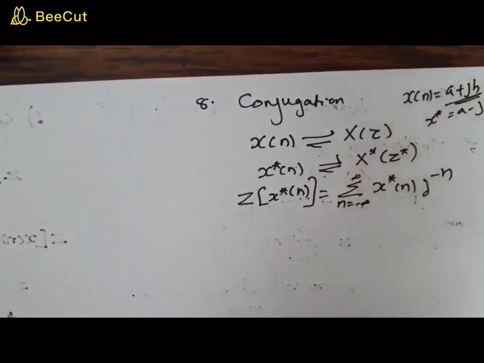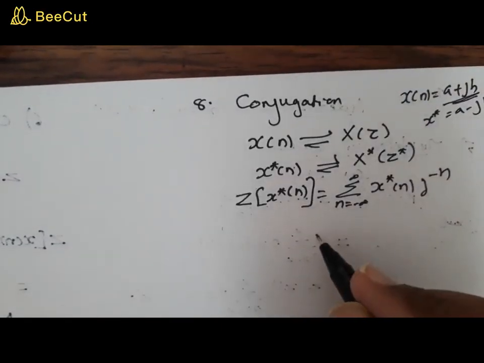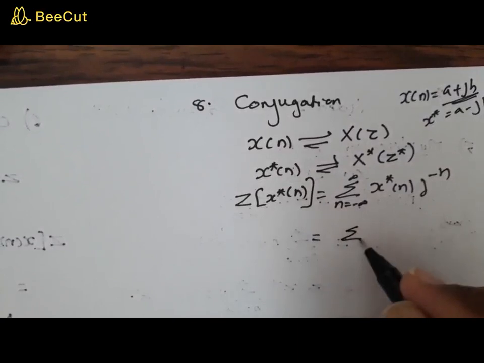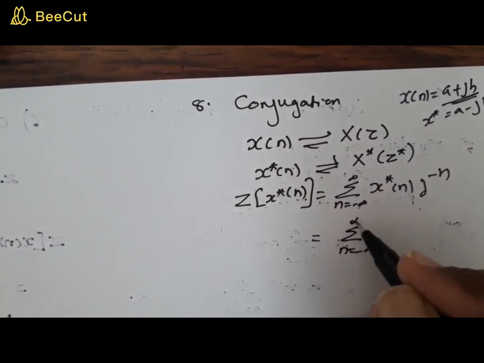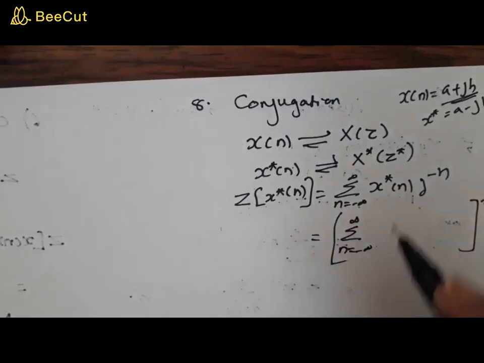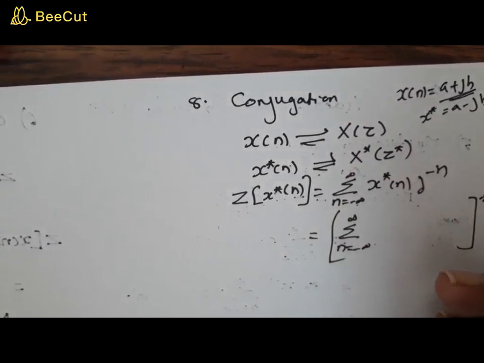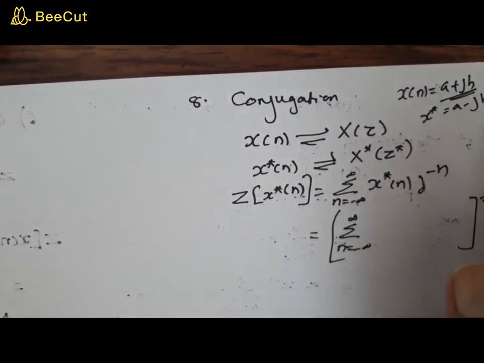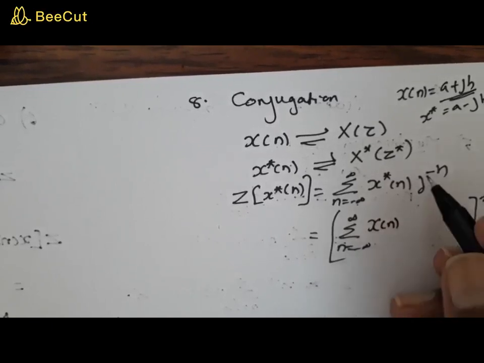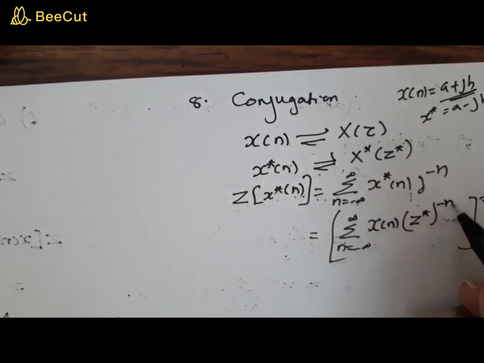to minus n. Now what I am going to do is take the star outside. Taking the star outside, the conjugate of the conjugate is without star. So that means this is x of n, and here you will have z star raised to minus n, right?